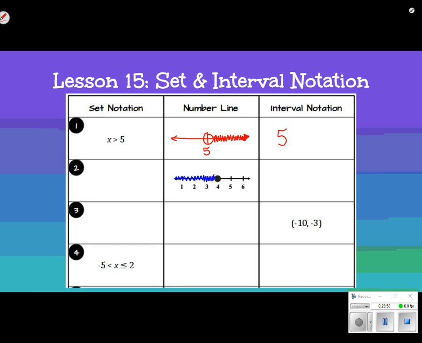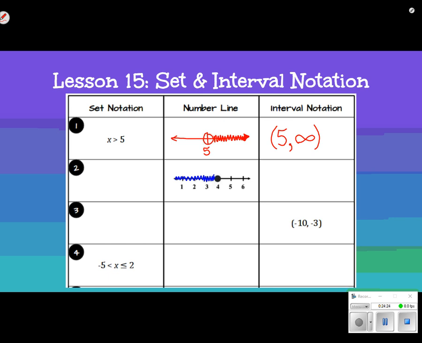But I do not include the 5 because it's an open circle, so it gets a parenthesis. Comma, the largest value in my shaded region on my number line is positive infinity. It also gets a parenthesis because infinity is an idea. You can approach infinity, but you can't ever actually get there. Number one, done. How'd you do?